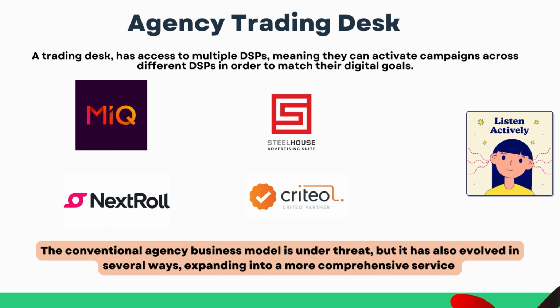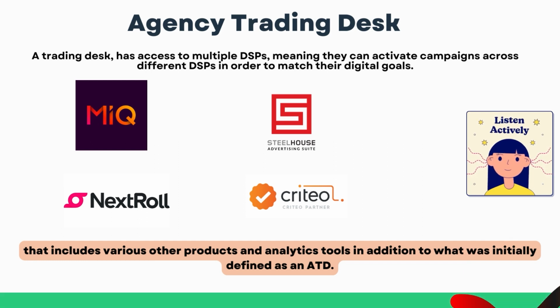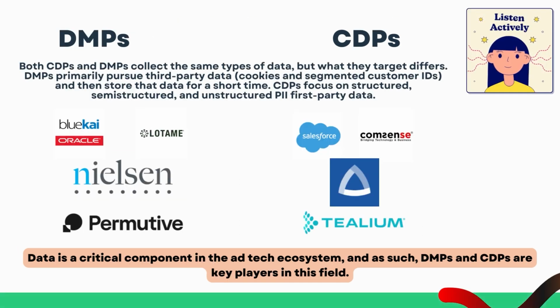The conventional agency business model is under threat, but it has also evolved in several ways, expanding into a more comprehensive service that includes various other products and analytics tools in addition to what was initially defined as an ATD. Data is a critical component in the ad tech ecosystem, and as such, DMPs and CDPs are key players in this field.